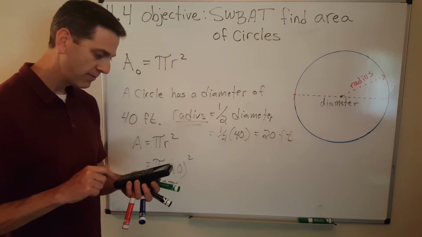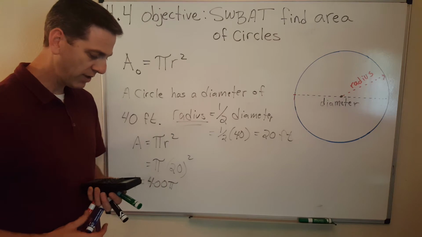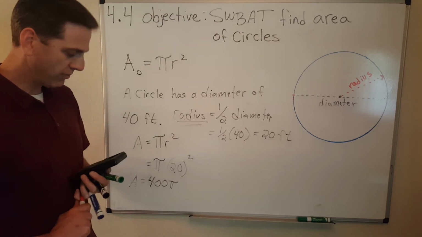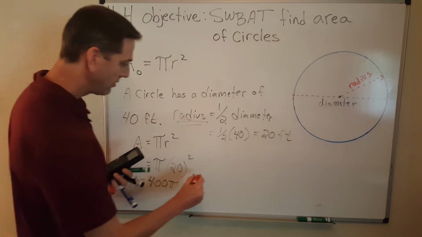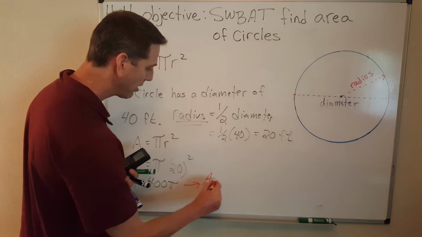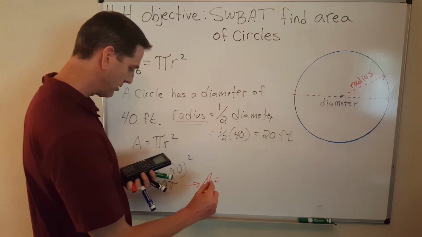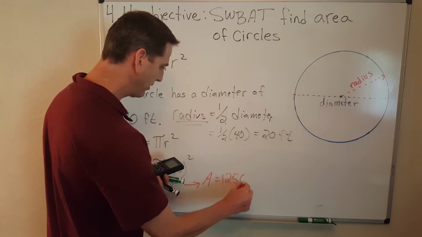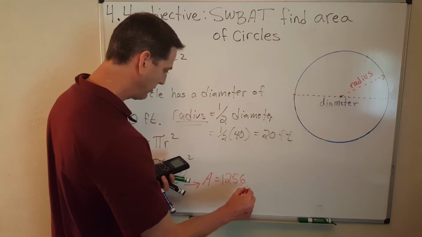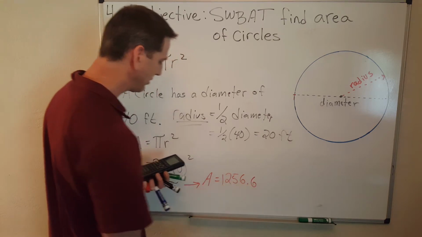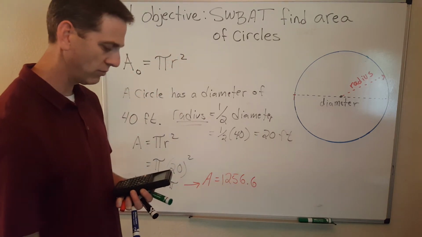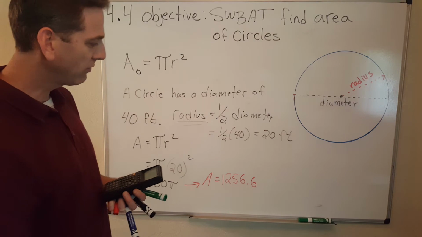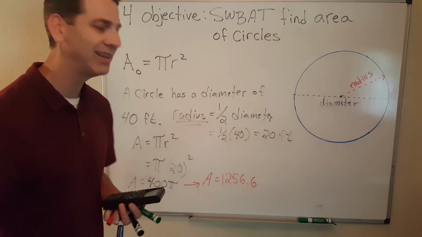So the area is 1,256, and I'm just going to round this to the nearest tenth of a decimal. 1,256.6.